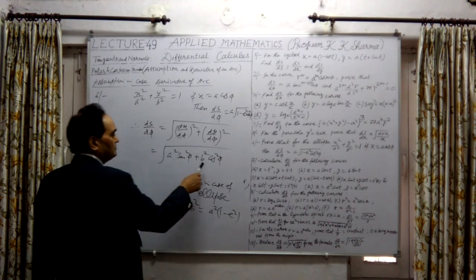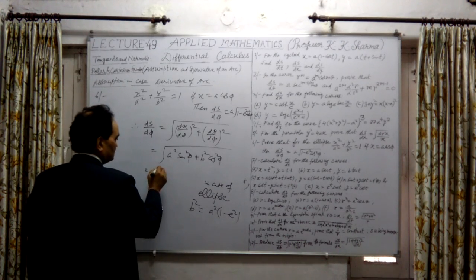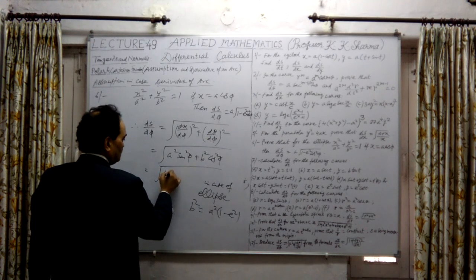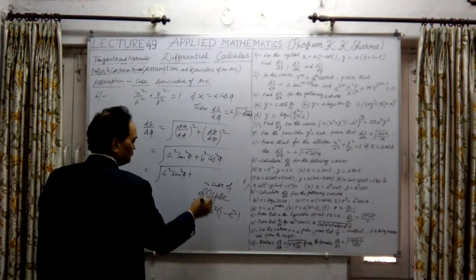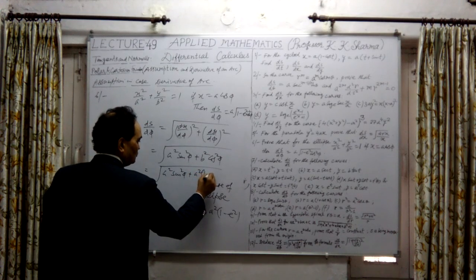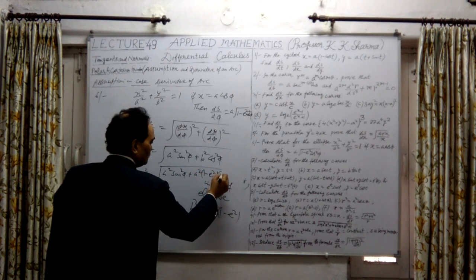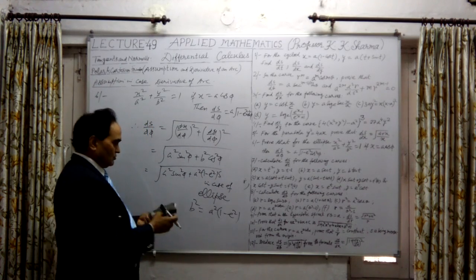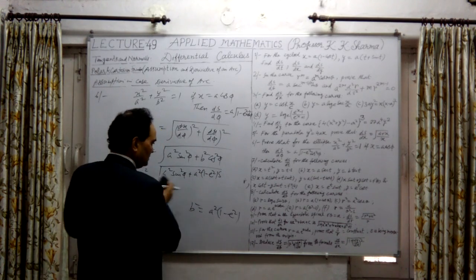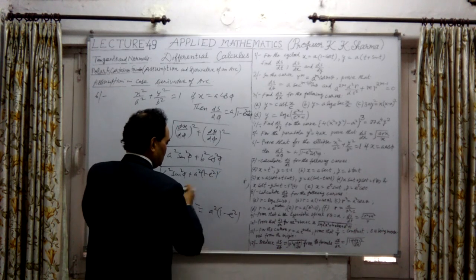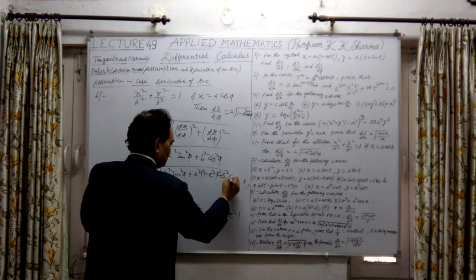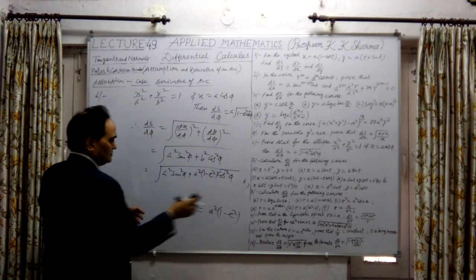If I substitute here for b square, it will give us a square sin square phi as it is, plus a square into 1 minus e square into cos square phi, all under the square root.